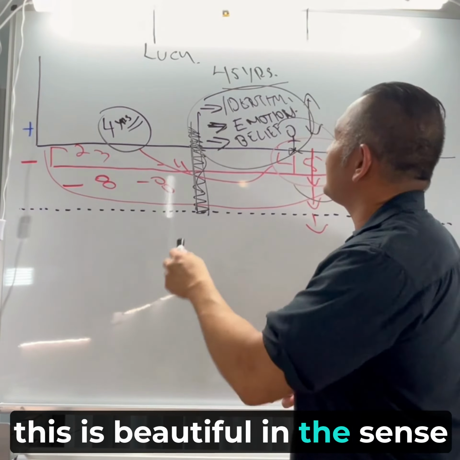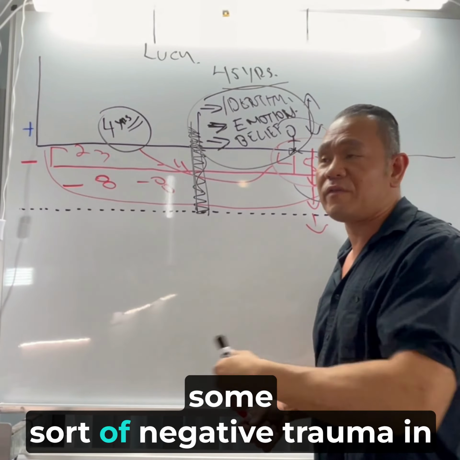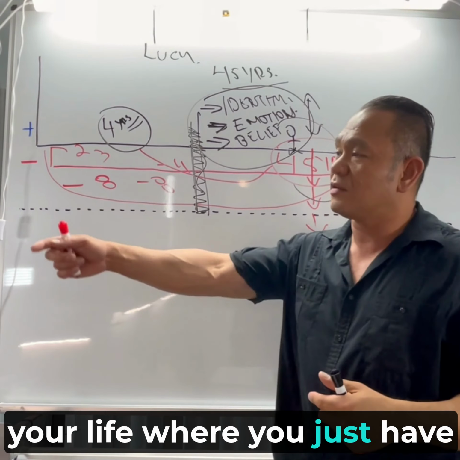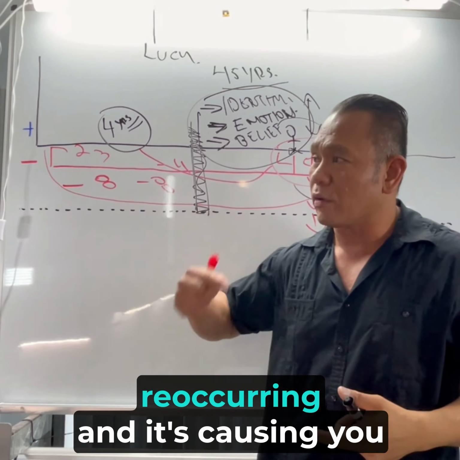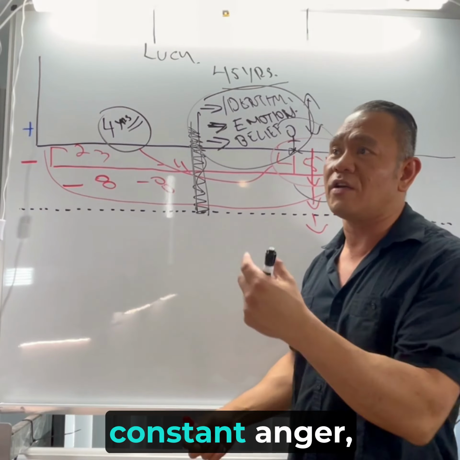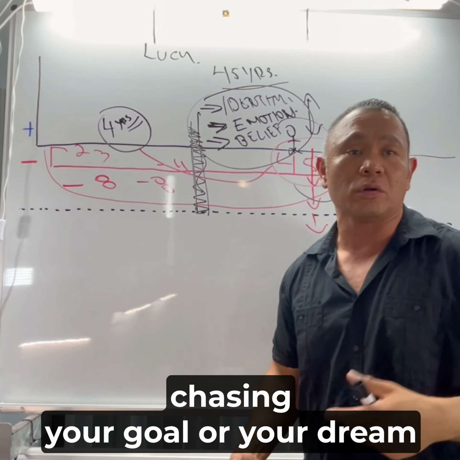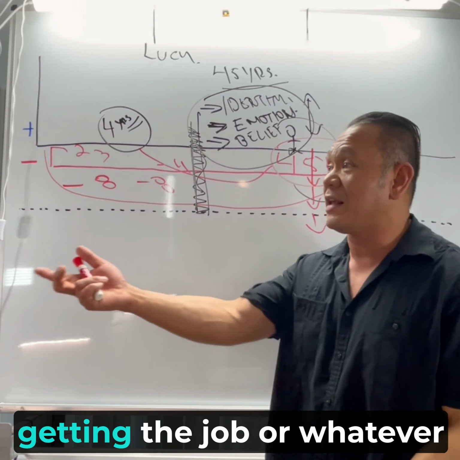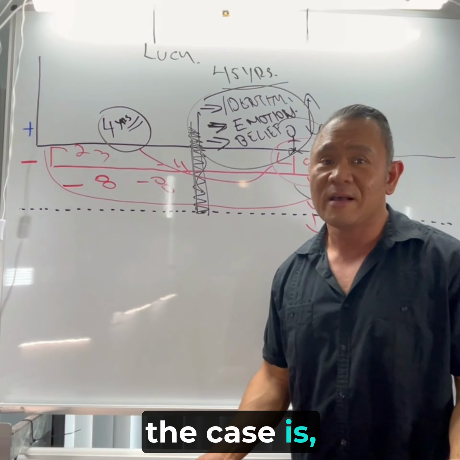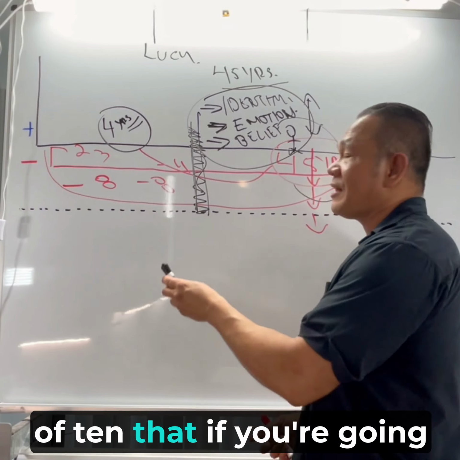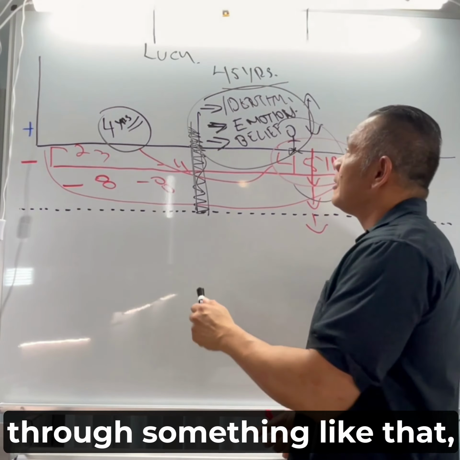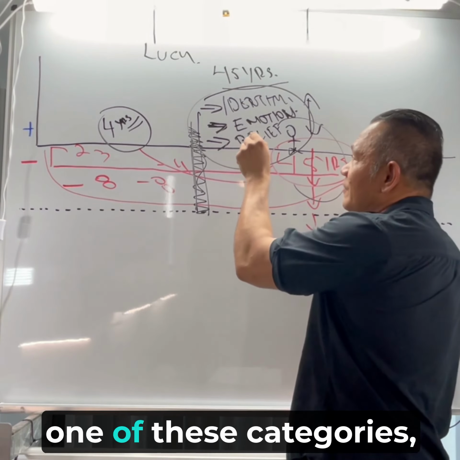Now, this is beautiful in the sense that if you're going through some sort of negative trauma in your life where you just have this thought and it's reoccurring and it's causing you to feel depression or constant anger, or it's holding you back from chasing your goal or your dream or going after the girl or getting the job or whatever the case is, I would bet you 9 times out of 10 that if you're going through something like that, it's either going to fall on one of these categories.